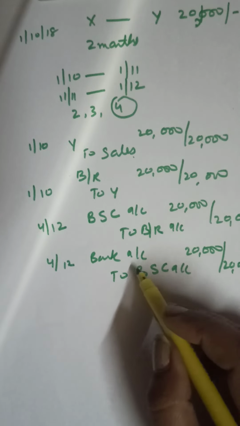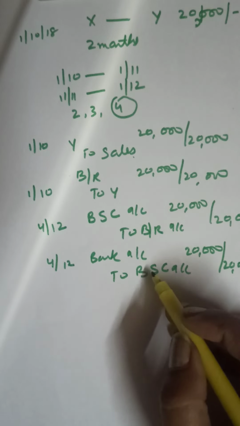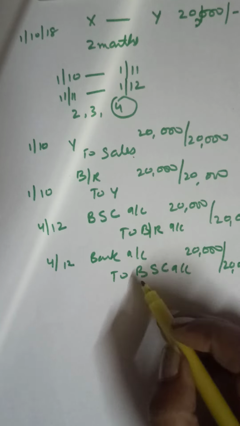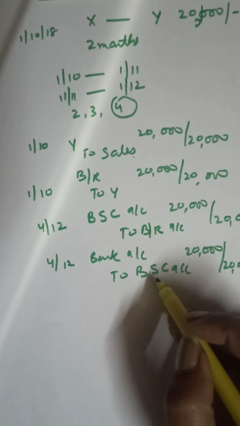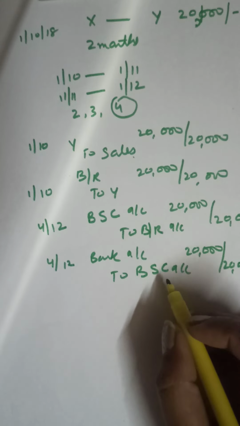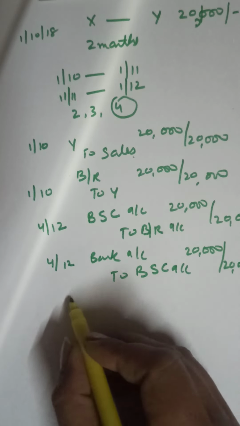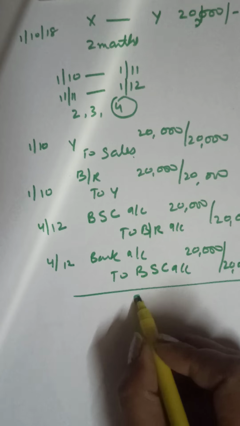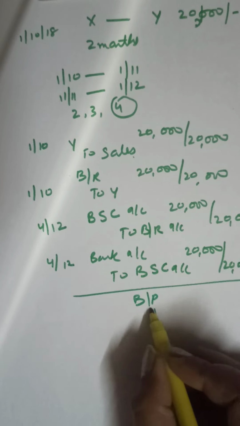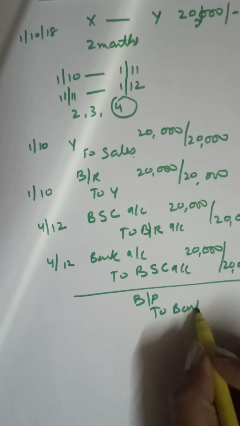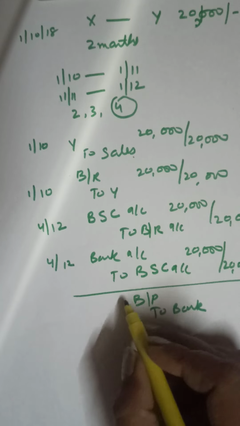And on the due date, when the payment is received by the bank or by the endorsee or by the drawer, it does not affect the drawee. The entry in the books of the drawee will be bills payable to bank. This is the only circumstance when bills payable account is debited.